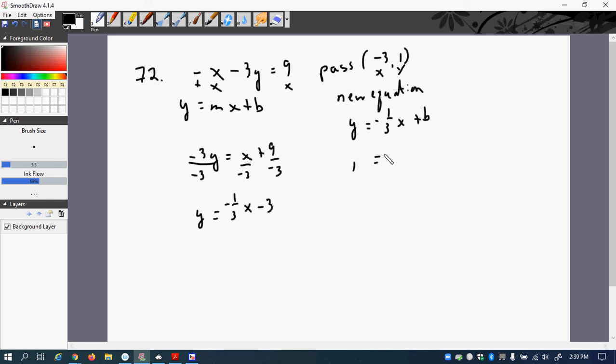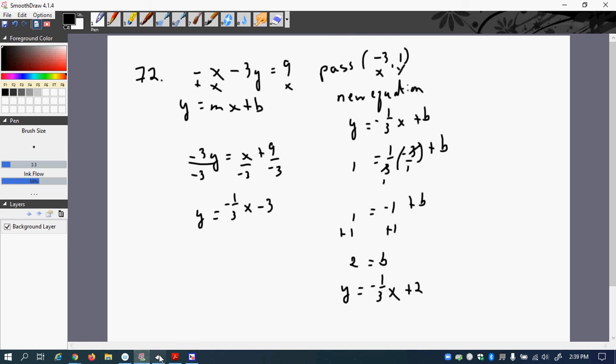So I'll get 1 equal to negative 1/3 times negative 3 plus b. And negative 1/3 times negative 3, well, this is over 1, so that cancels to positive 1. So that's 1 plus b. So we subtract 1, and now we get 0 equal to b. So my new equation is going to be y equal to negative 1/3 x plus 2.